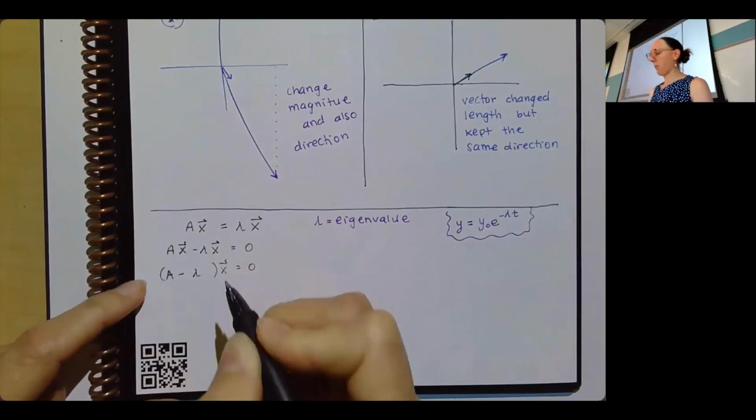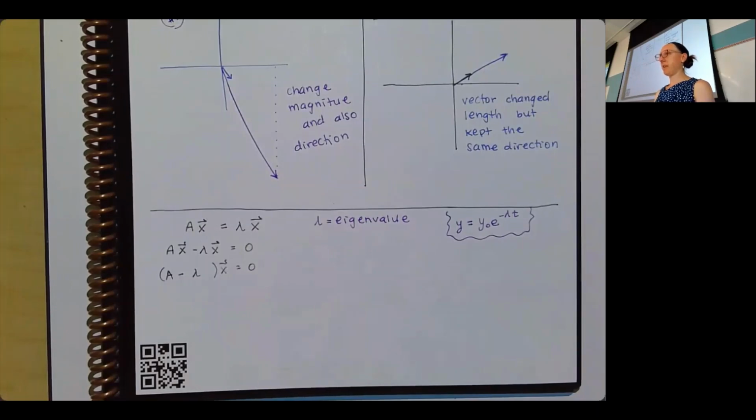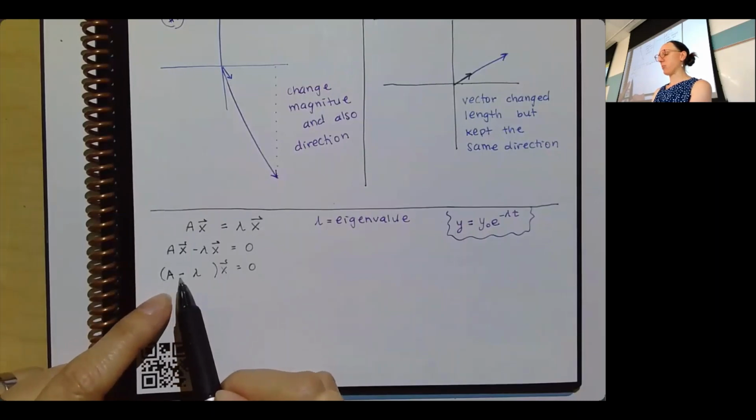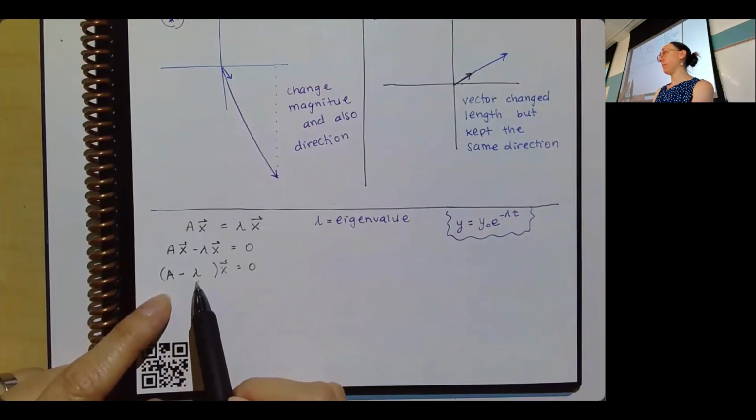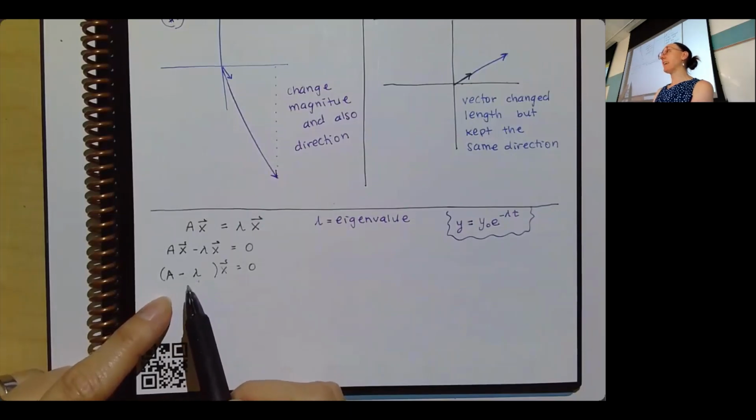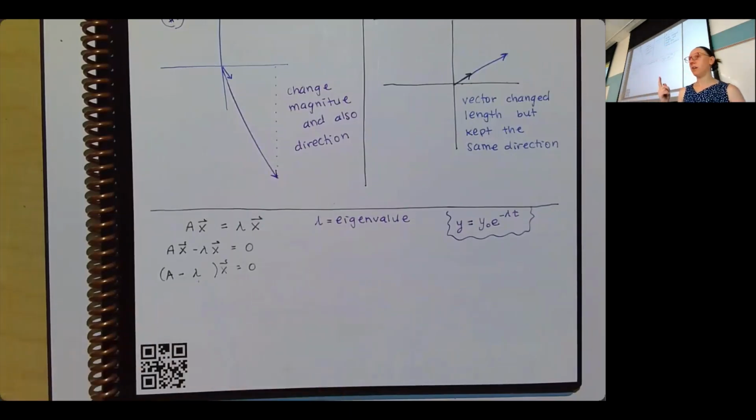Now I've got another problem. Lambda, we already pointed out, is a scalar. My A is a matrix, and I can't take a matrix and subtract a number. So the trick for this is that we're going to insert a 1.